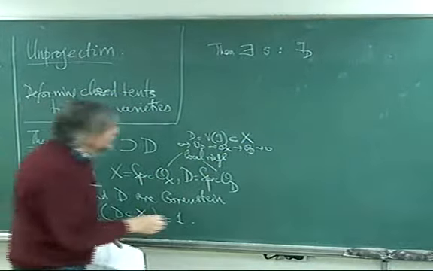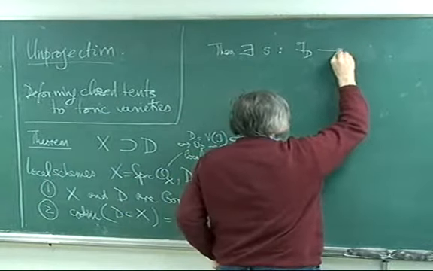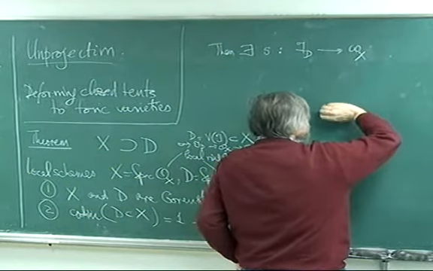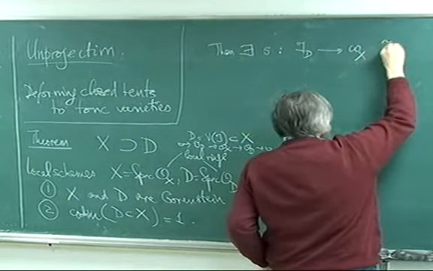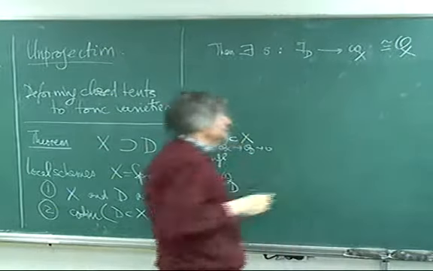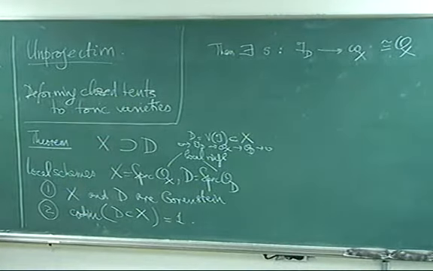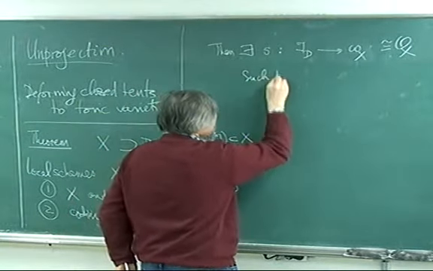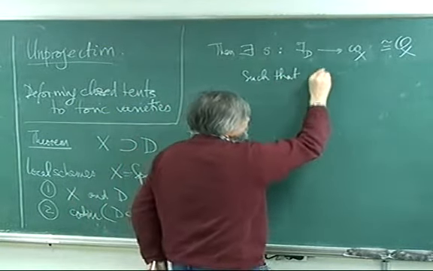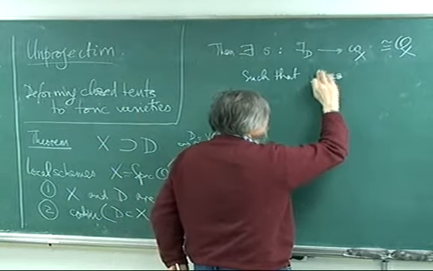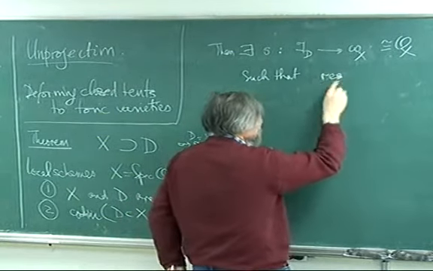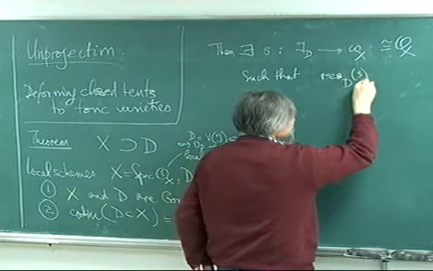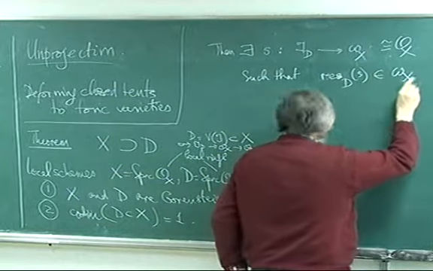So there's a homomorphism I_D into omega X, which is, of course, as you know, isomorphic to OX. That's the Gorenstein assumption. Such that the residue of S, I'll explain a little bit what this is later, the residue to D of S in omega X is a basis.